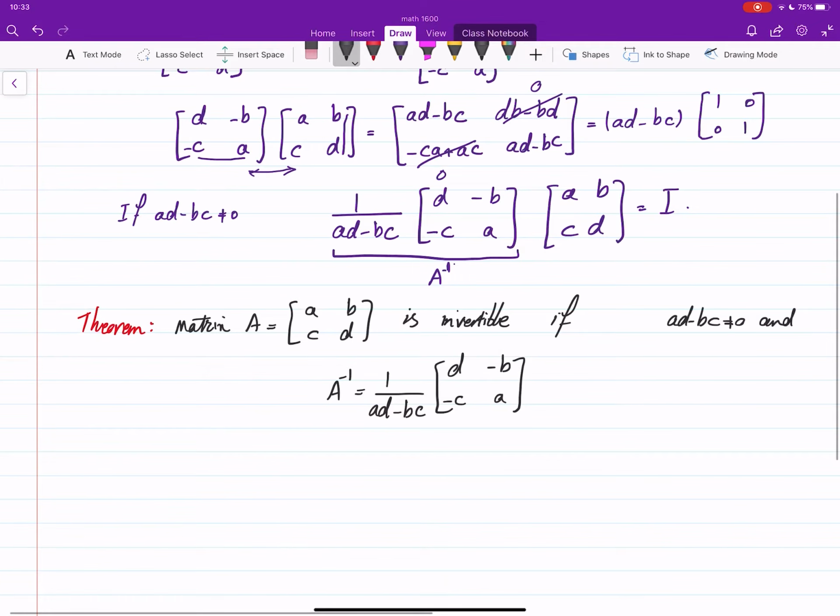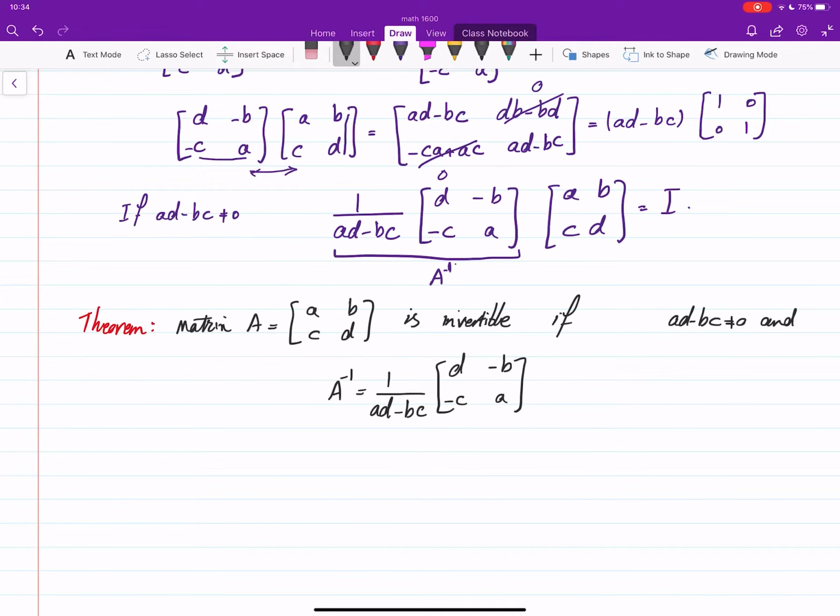Well, the theorem actually has more to offer. What if AD minus BC is equal to 0? The theorem says that if it is equal to 0, then the matrix is not invertible. So in other words, this is if and only if.